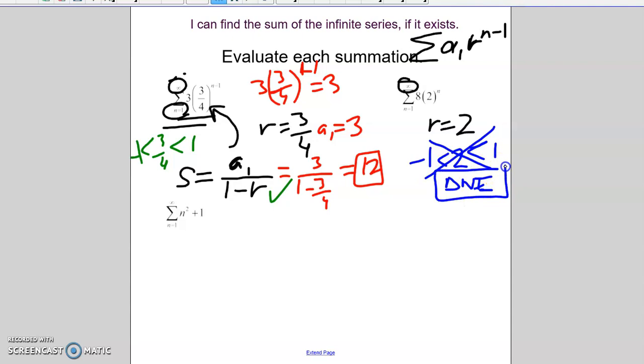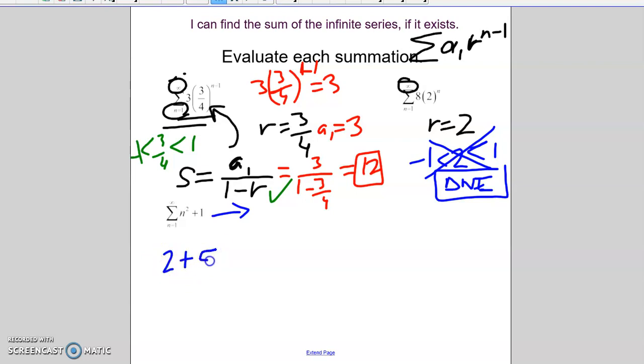Okay, and then the very last one, this is not geometric. That doesn't automatically mean that it does not exist, but if you look at the general pattern here, we're going to have 1 squared plus 1 is 2, then 2 squared is 4 plus 1 is 5. These are sums actually, so let's write that properly.